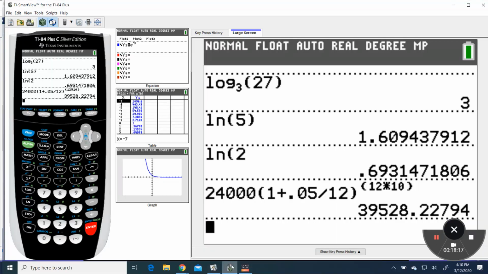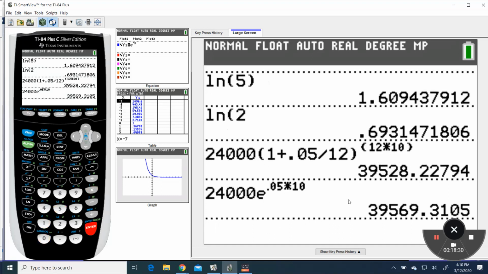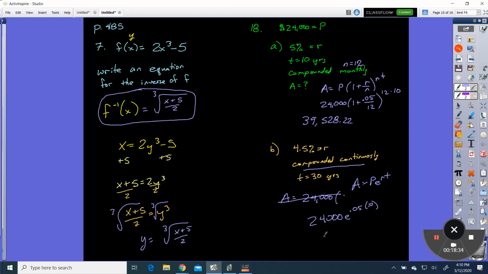So I come back to my calculator, 24,000, second ln brings up my e, 0.05 times 10. I get $39,569.31.